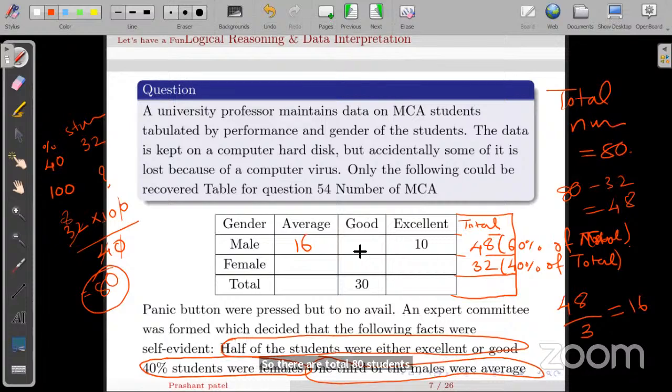Out of 80, half, that means 40 students are either excellent or good. And out of them, it says that 30 are good. Total number 30 is good. So how much comes here in this place?